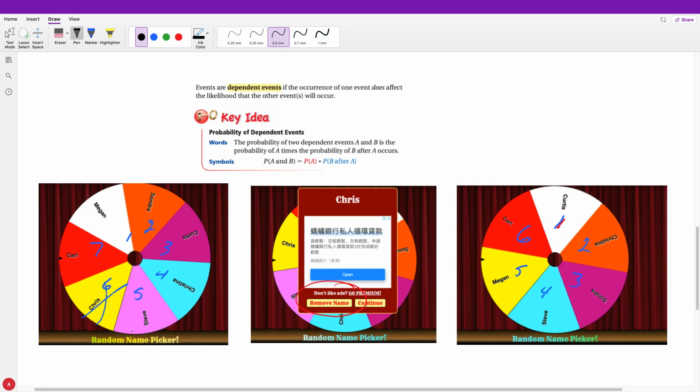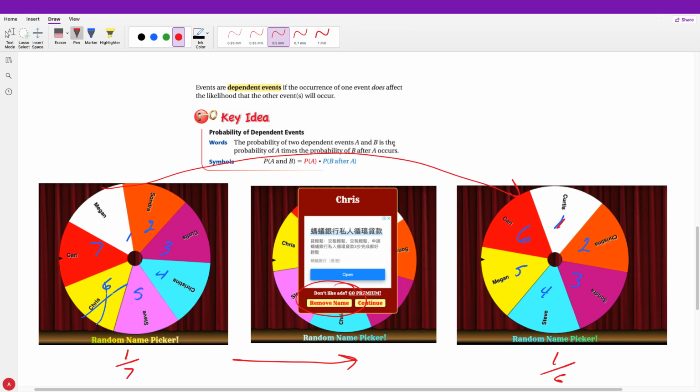So the odds of me picking anyone on this first wheel was 1 out of 7. But after I removed the name, it became 1 out of 6. So you see, this first event does affect the probability of the second one because we removed the person from that spinning wheel. Because we did that, it is a dependent event.